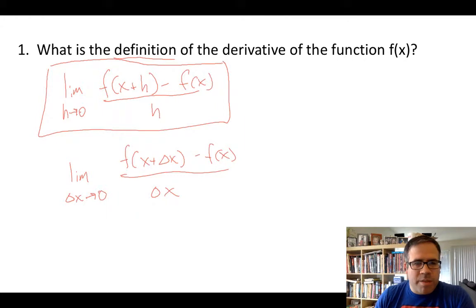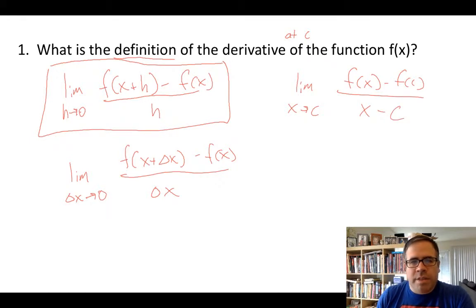There's another one that involves y, and again, if we're asked for the derivative at c, you might see it as a limit as x goes to c of f of x minus f of c over x minus c. All of these are good answers and true answers, and this is the one that I want you to remember the most.